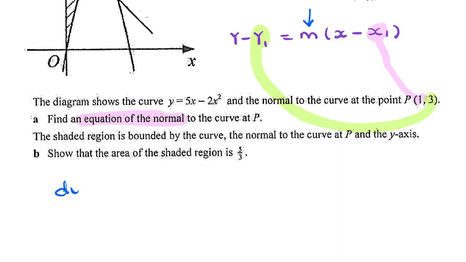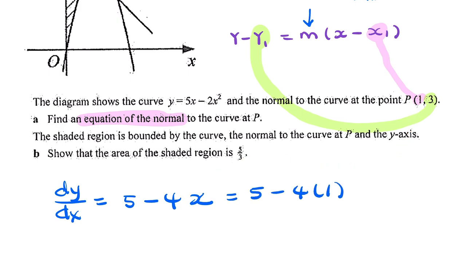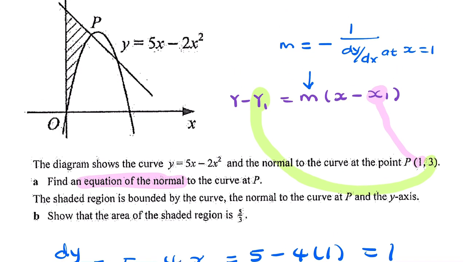So dy by dx equals 5 minus 4x. And then we substitute x equals 1. So that becomes 1. So that 1 is the gradient of the curve at that point.